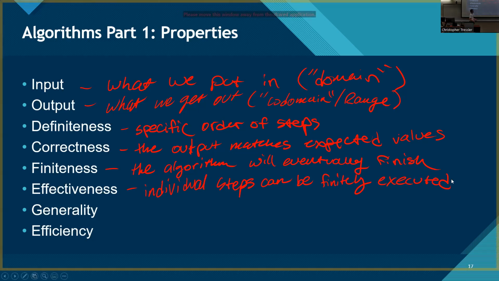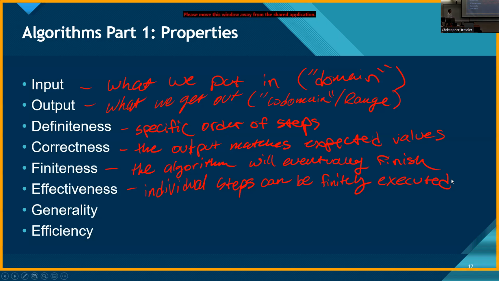And then generality, any guesses? This kind of sounds like general. What do you guys think? It works for a lot of things. Specifically, it works for everything that's in the domain. So if we made a function that's meant to take in an int in a program, it should work for every single int. There should not be integers that it doesn't work for. That means that we have to do stuff like edge cases, base cases.